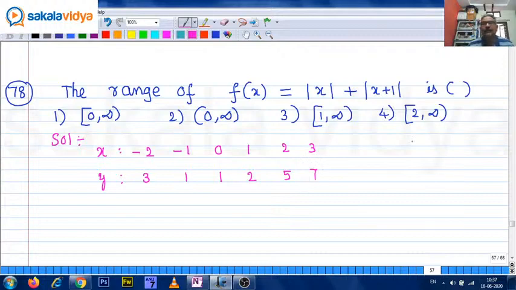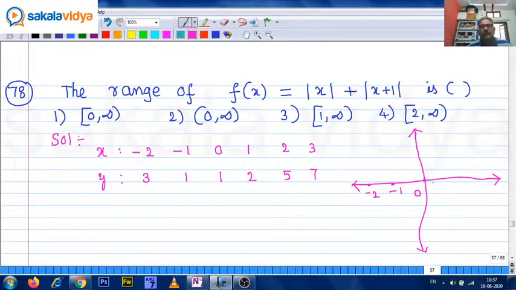So let us draw the rough graph. This is the origin, say -2, -1, 1, 2, 3.